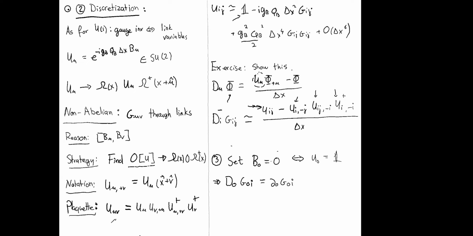And this also means that since J0I is equal to D0 GI now, and you don't have any commutator, in this gauge the electric field is again D0 BI. The electric field is again abelian, and you can treat it as an abelian field, and it's only the magnetic part, so Gij, that is non-abelian.